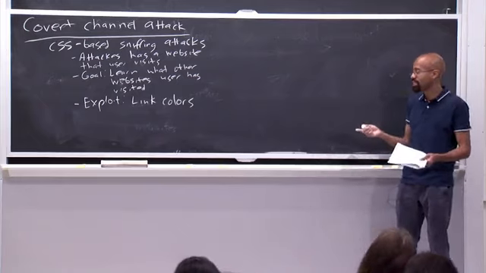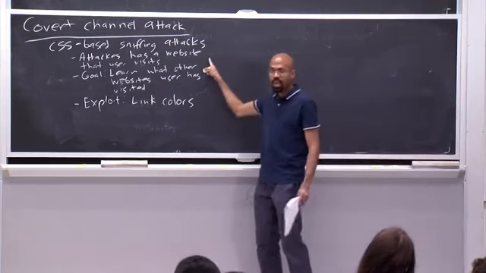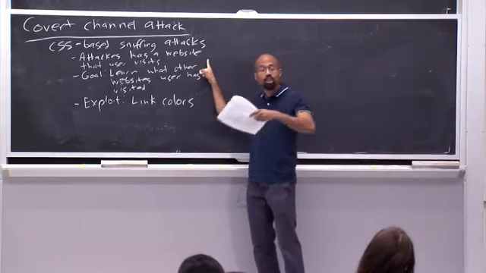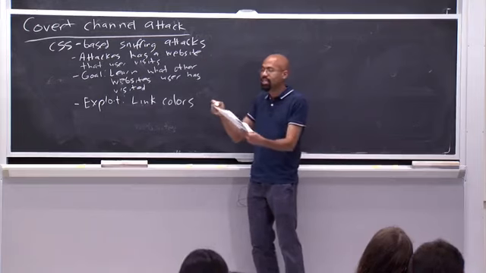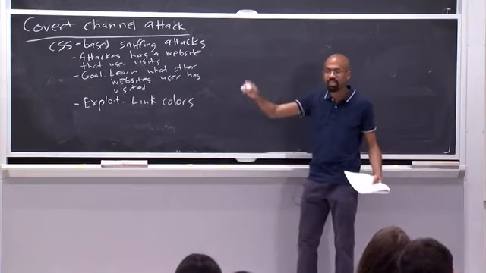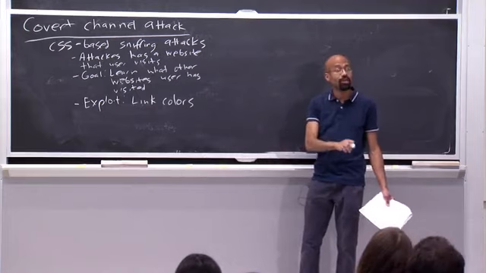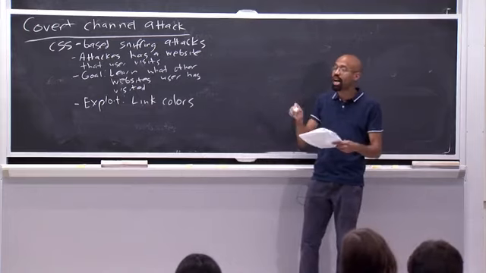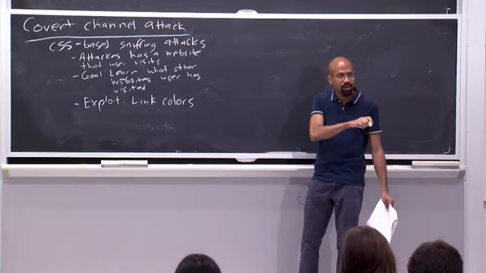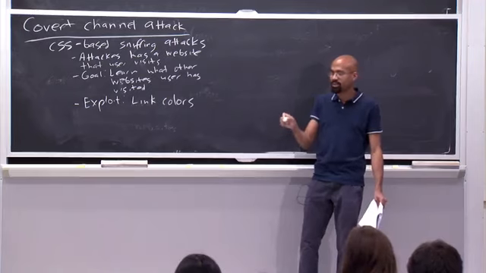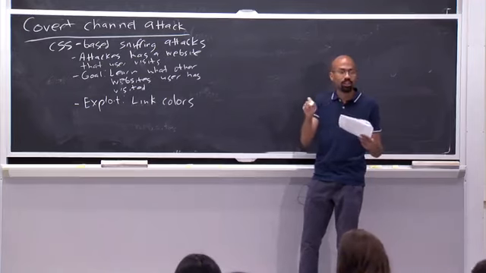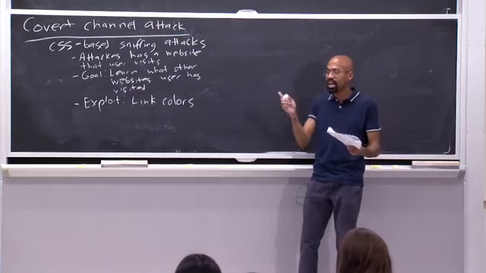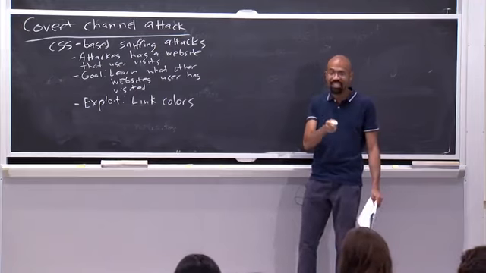Because what that means is that if the attacker can trick you into visiting their website, the attacker can generate a huge list of candidate URLs that you might have visited, and then use JavaScript to see what color those URLs are, right? And if the URL color is purple, that means, aha, you have visited that site, right?